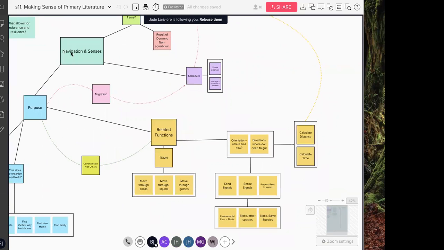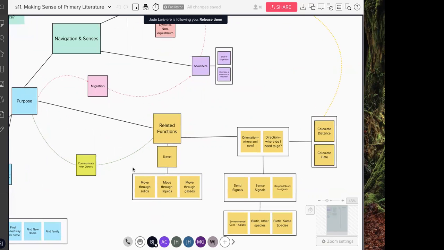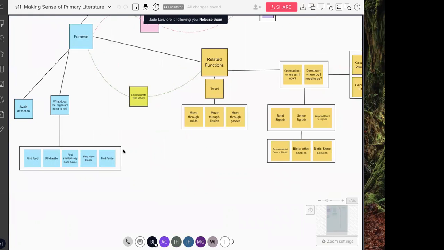Obviously, we got back to this, navigation senses has a lot to do with communicating with others. Not always, if you're hunting, you might not be communicating with others so much. And in other cases, like when you've got all the female lionesses, we are. So then I thought about, okay, what are all the functions that could relate to these purposes.